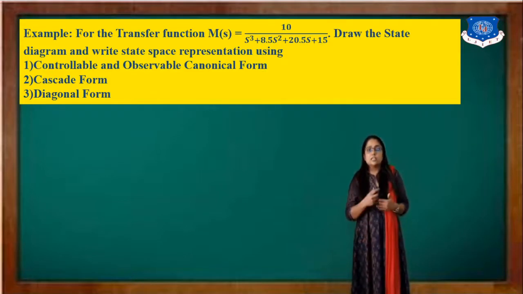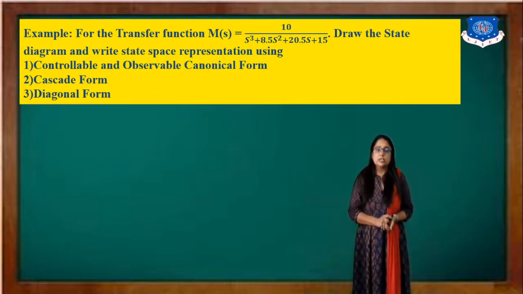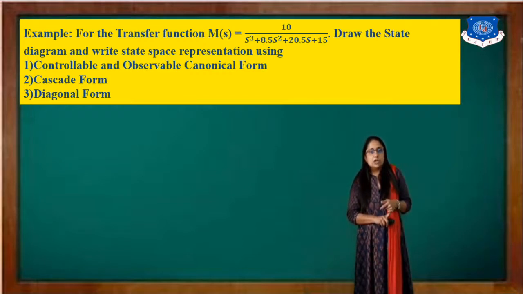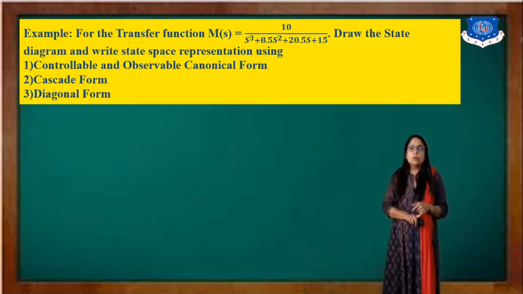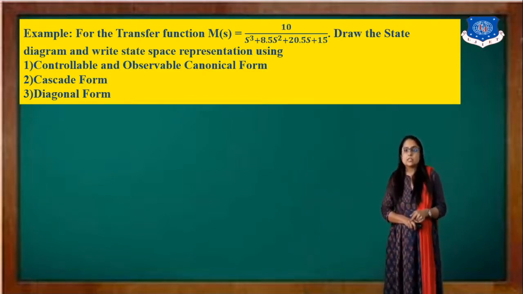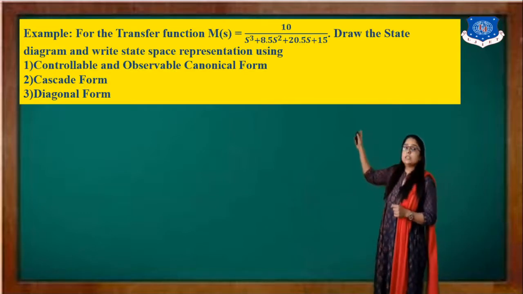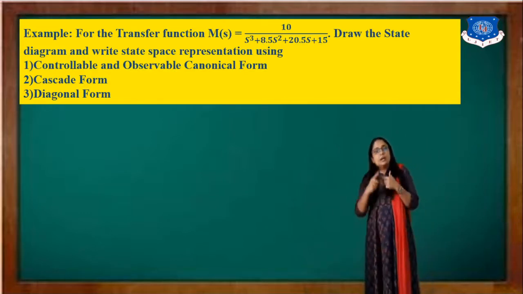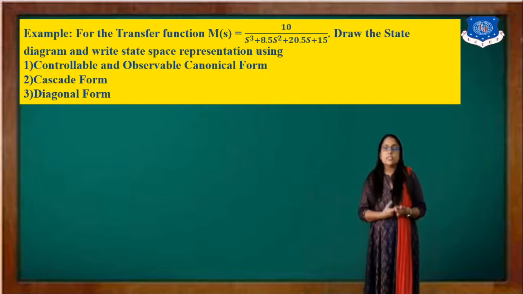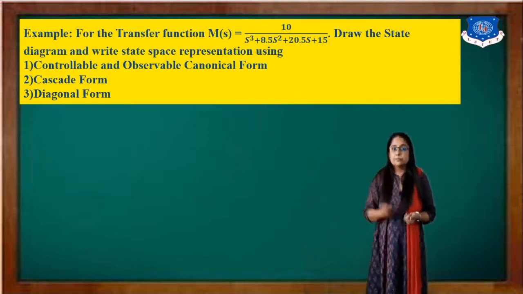See here, the first state space representation is x dot equal to Ax plus Bu and y equal to Cx plus Du. So based on this transfer function, we want to write down the state space equations.